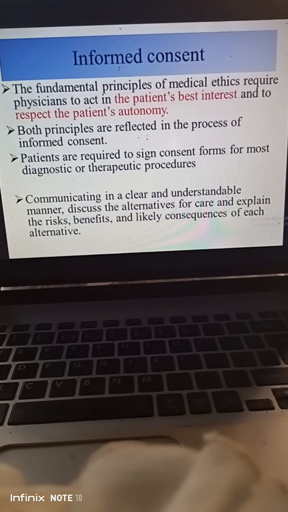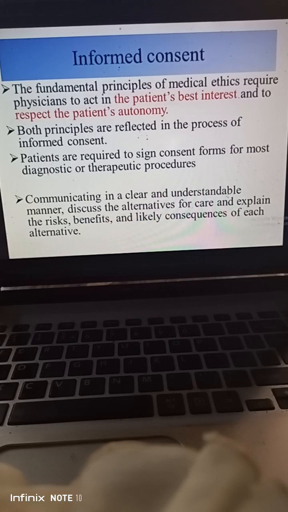Let's see what informed consent means. Before you do any physical examination, before you go to any interview with your patient, you have to have consent from your patient. Informed consent is a fundamental principle of medical ethics and it requires the physician to act in the patient's best interest and respect the patient's autonomy. Both these principles are reflected in the process of informed consent.